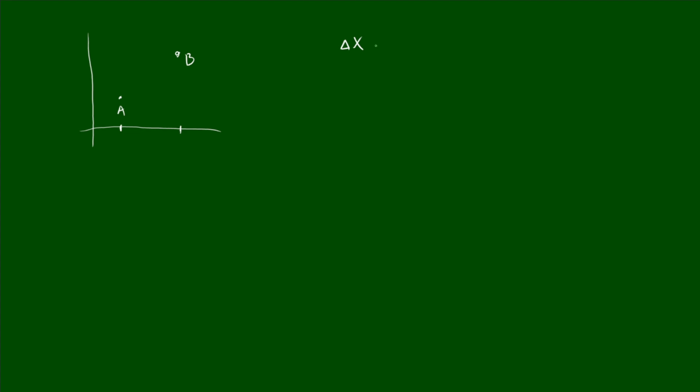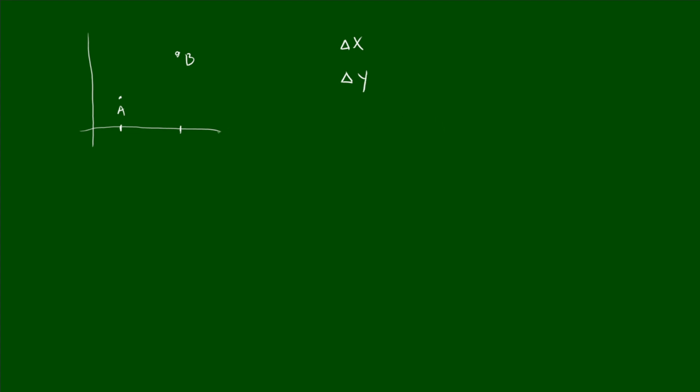The point is that delta x denotes a single number. Don't think that you have the triangle representing a number and then you have that number next to x, meaning multiplication. No, it just means the change in x. Similarly, you also have change in y.